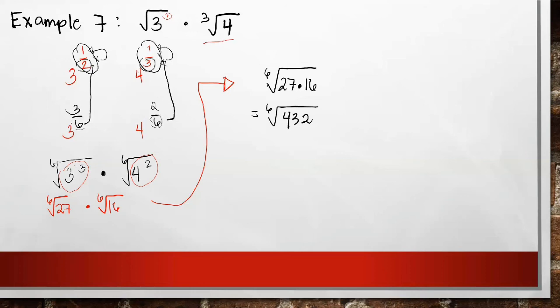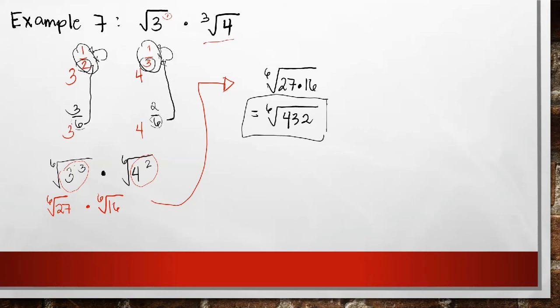There is none. Therefore, since we have no factors of 432 that are a perfect sixth root, this will be our final answer. So this is how we solve a radical expression with different indices.